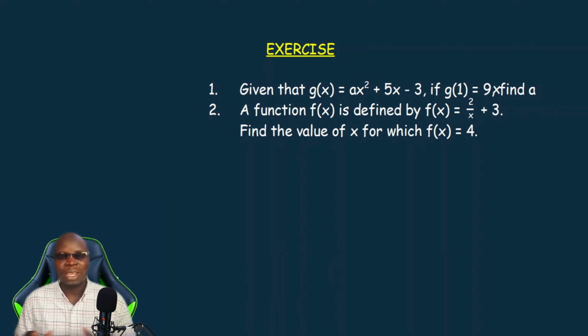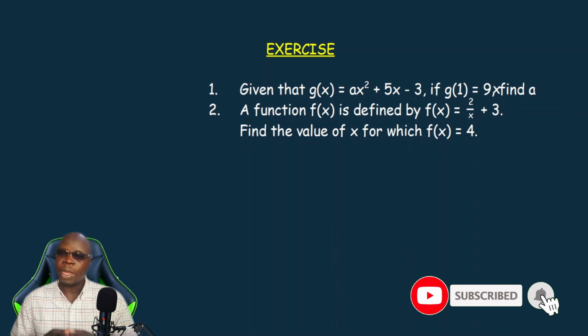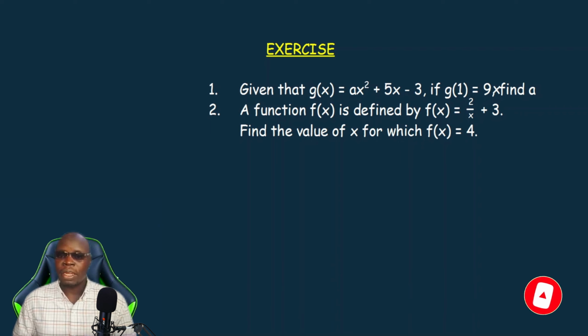So the first question is, given that g of x is equal to a x squared plus 5x minus 3, if g of x is given by 9, find a. I think there's some small mistake here. This x should not have been here, so just ignore this.